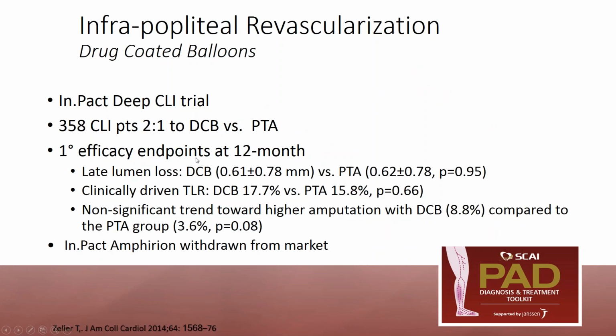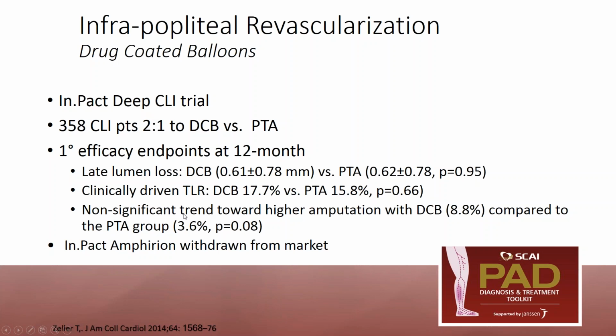What about drug-coated balloons? A trial was just recently released looking at Lutonix below-the-knee drug-coated balloons, but the one other study that was out there was the IN.PACT DEEP CLI trial. This involved 358 patients randomized 2 to 1. It was actually stopped early and the balloon withdrawn from the market due to a higher amputation rate with DCB, 8.8% versus PTA alone.